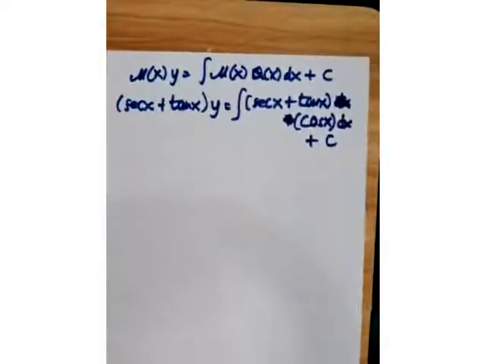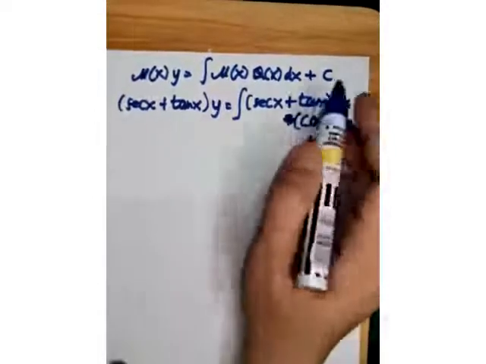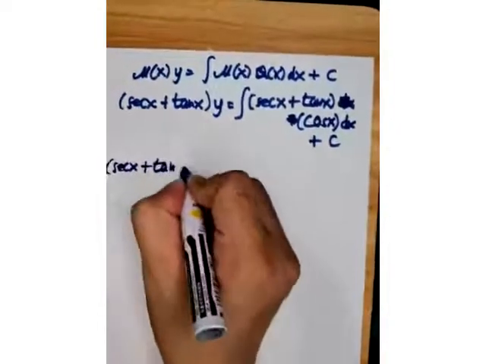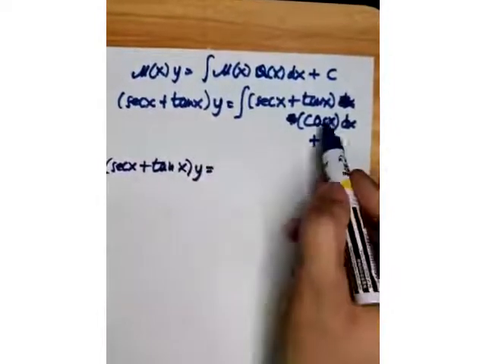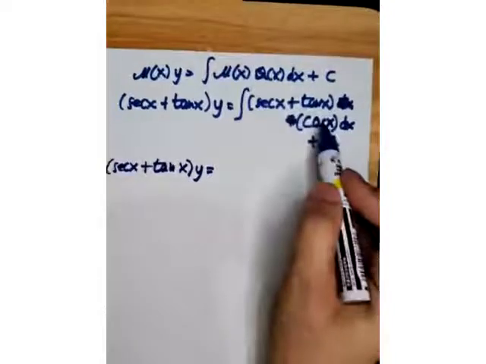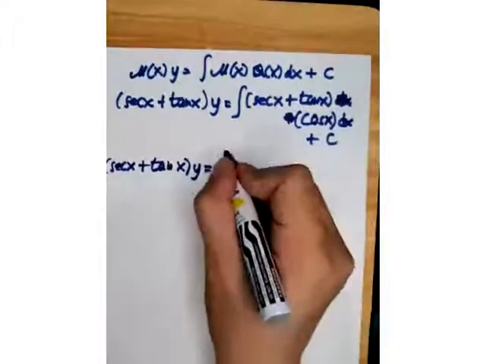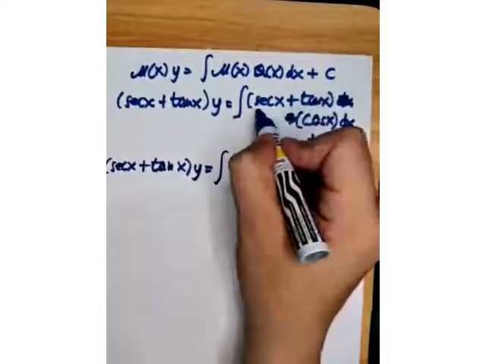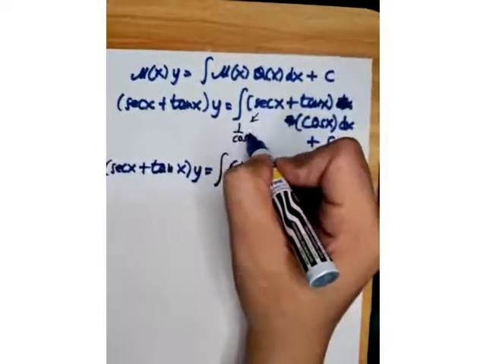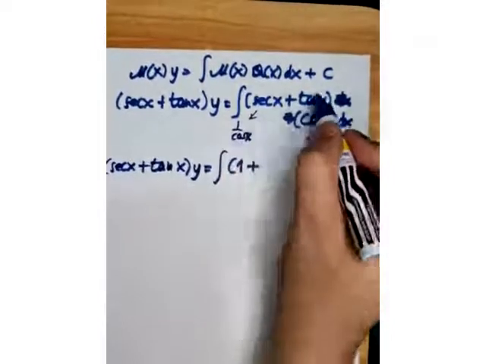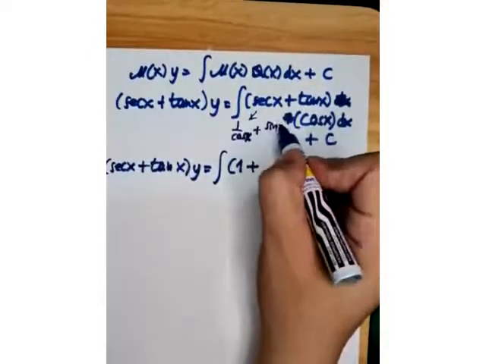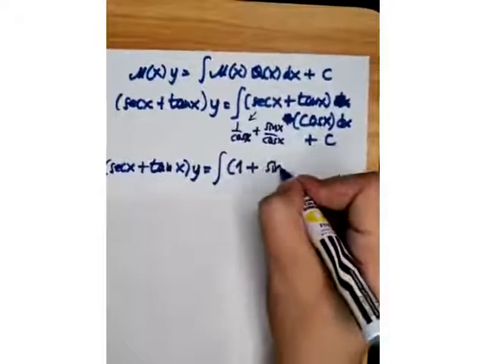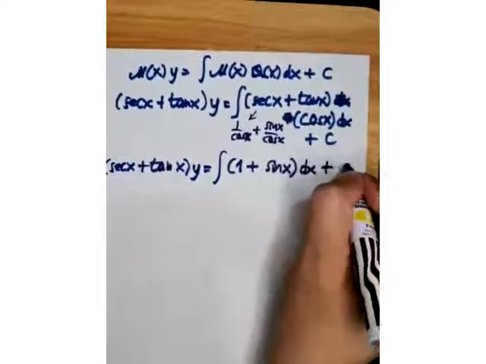Okay, kaya lang, distribute muna natin to dito. So, secant x plus tangent x times y is equal to, distribute natin cosine. Secant times cosine, so that's just 1. Plus cosine times tangent. But kasi dito is 1 over cosine. Cancel. And then ito naman is plus sine x over cosine x. Cancel. So matitira is sine x dx plus c.